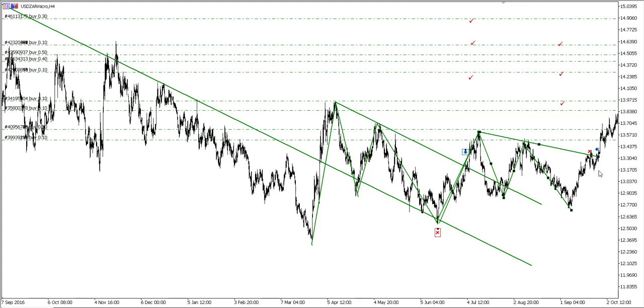So right now we have two running orders, one in the medium time frame with the stop here, another in the smaller time frame with the stop here, and we'll wait. It's a waiting game now. We'll wait to see how the market performs.